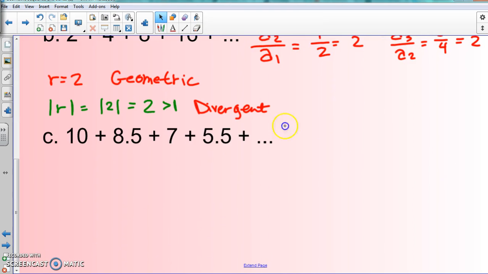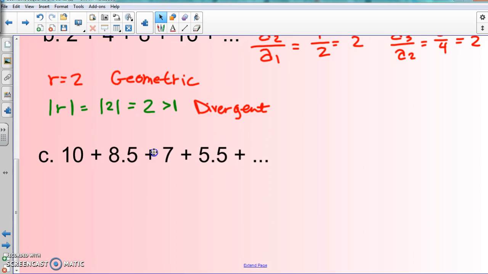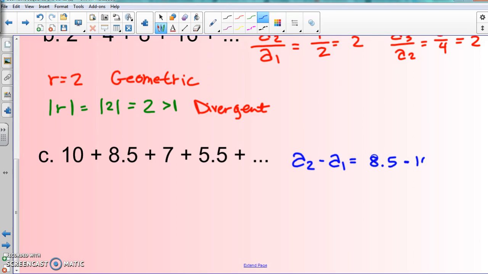Okay, so we've dealt with geometric twice. And this one I'm going to go ahead and tell you is arithmetic. But normally you would have to work it out, and we're still going to work it out. Hopefully you can see here, going from here to here, and from here to here, you're subtracting 1.5. But if you can't see that, let's look at it. So we do 8.5 minus 10.